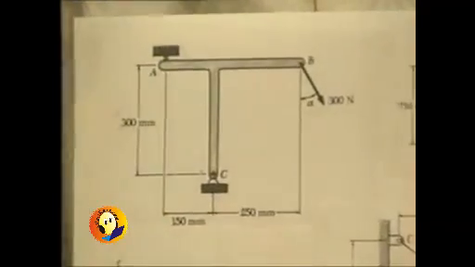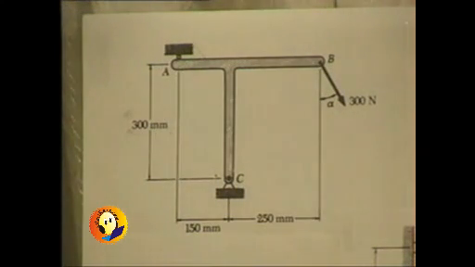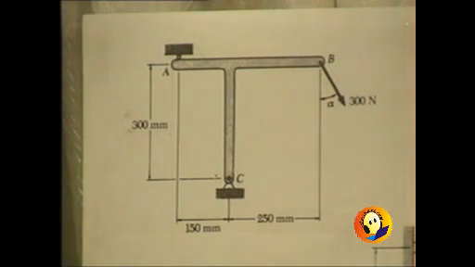Now in this first problem, we have a T-shaped member. The dimensions of that T are also given to us, and one end is carrying a load which is making alpha degrees with the vertical, and that load is 300 newtons.